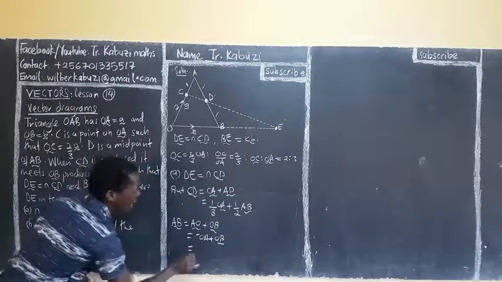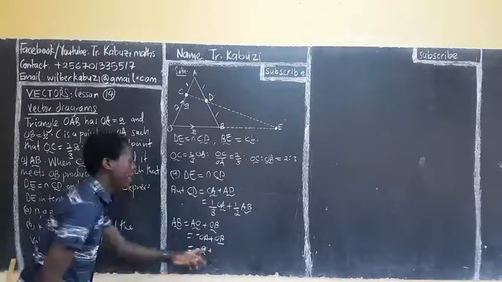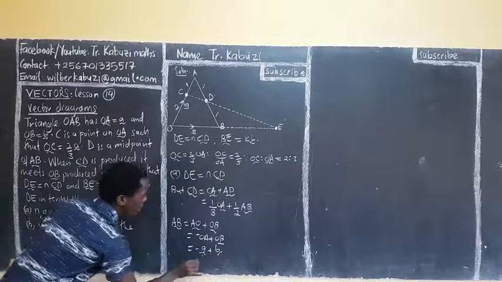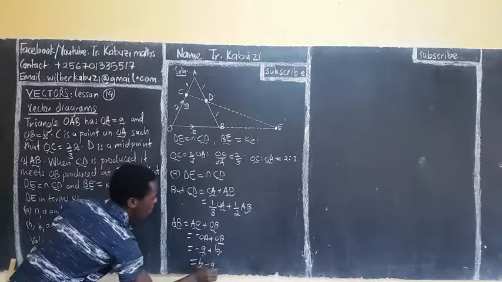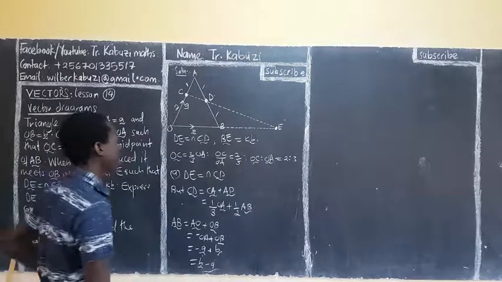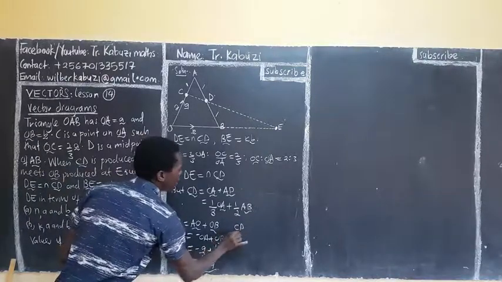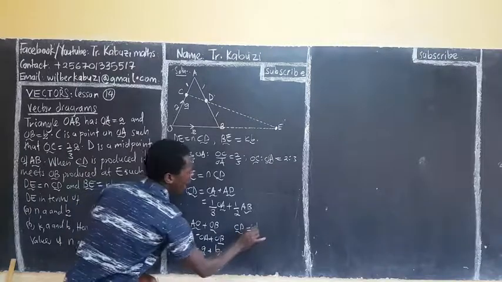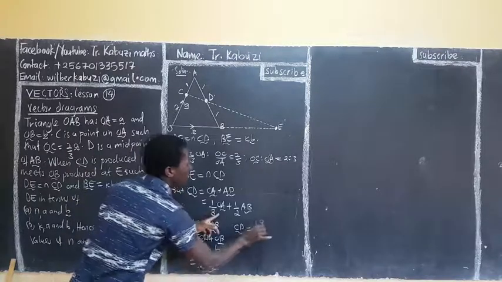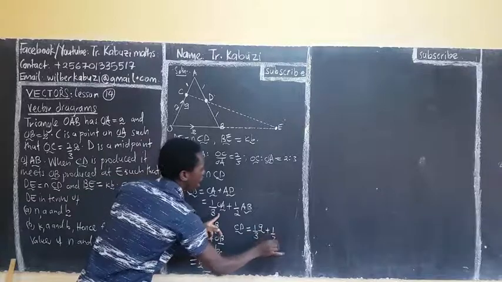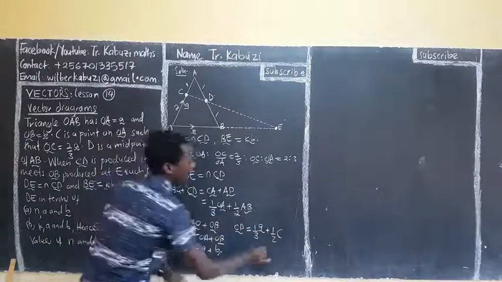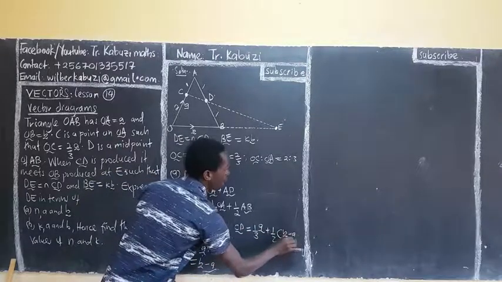This will be negative a plus b, which is b minus a. So now if I complete my CD, my CD will be a third of a plus a half of AB, which is b minus a.